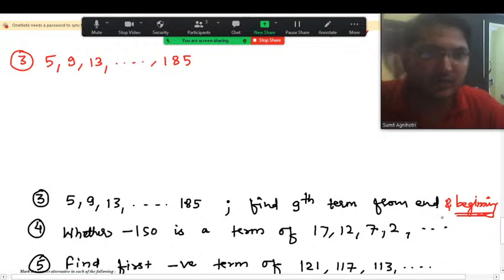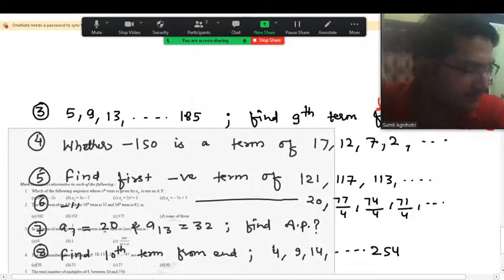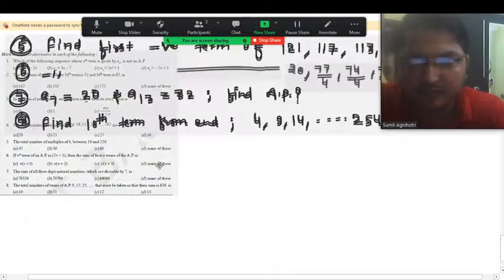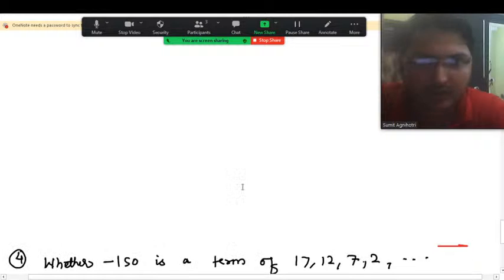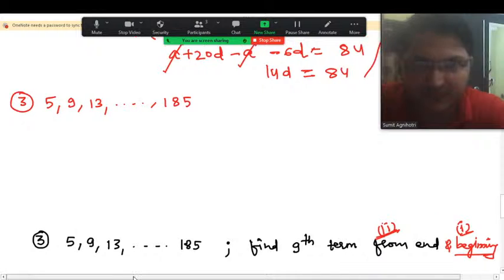I have included the first part from beginning, the second part from end, and here I have included the third part as well, which is find the middle term of this sequence. Please tell me the answer. No issue, I will just show it, don't worry. It's here in front of you.